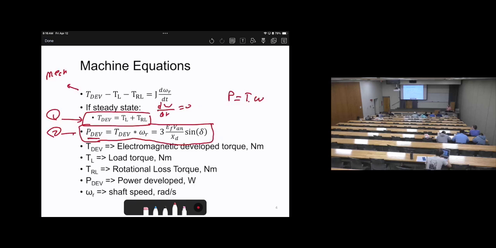So whenever we need, again, as I mentioned, electrical engineers prefer to use power, mechanical engineers prefer to use torque. So what's the relationship? How can I convert between power and torque? By assuming P equals T times omega, or power equals torque times speed. So this is an important relationship.